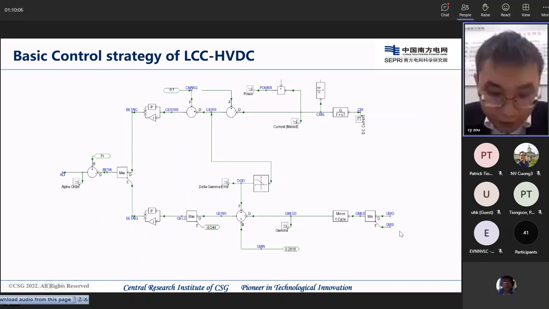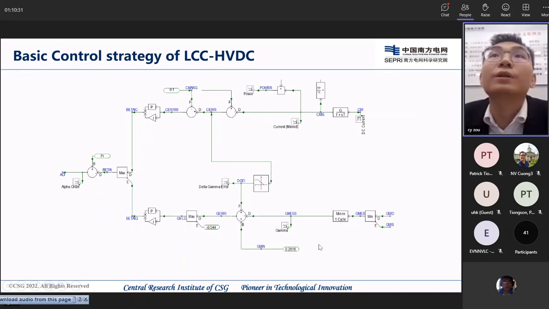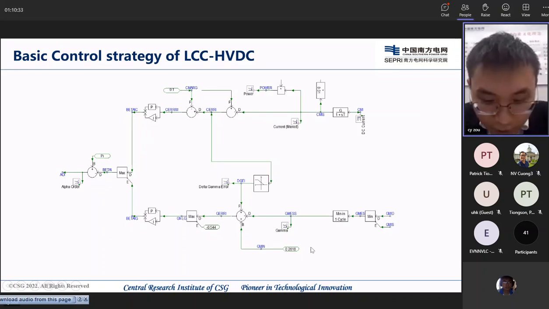These two signals are the minimal extinction angles of the two converters, the YY converter and the YD converter at the inverter side. The gamma min is the constant extinction angle order, 0.2618 here, which is 15 degrees. The gamma error is the differential between gamma min and the gamma measured.